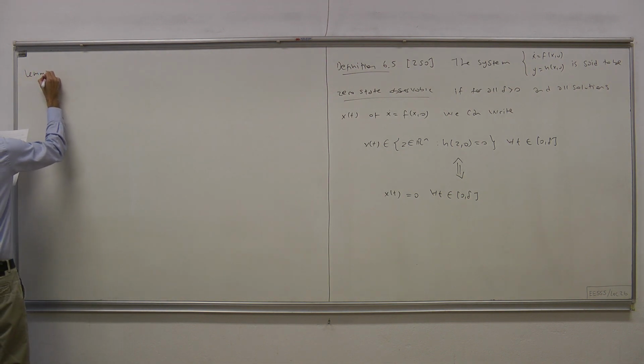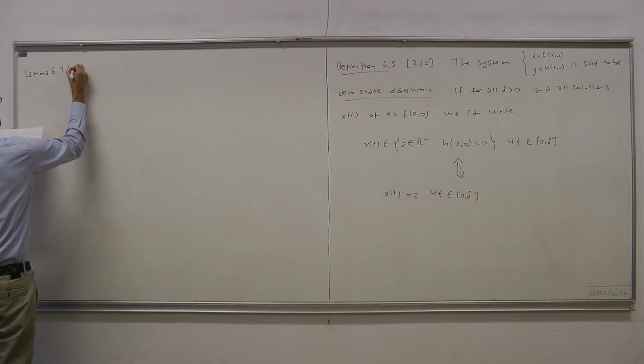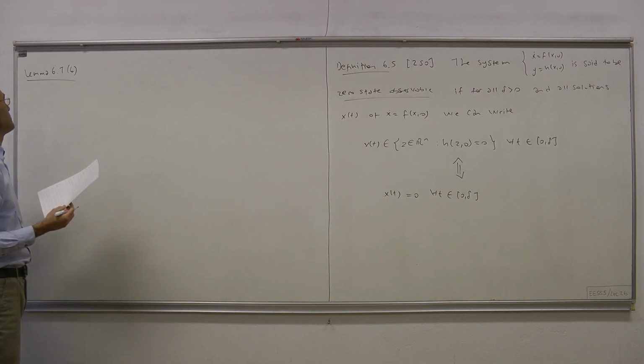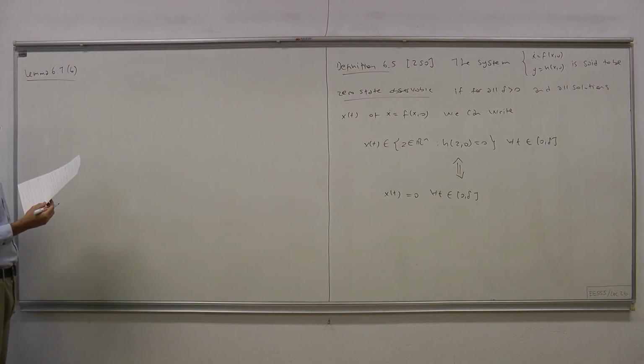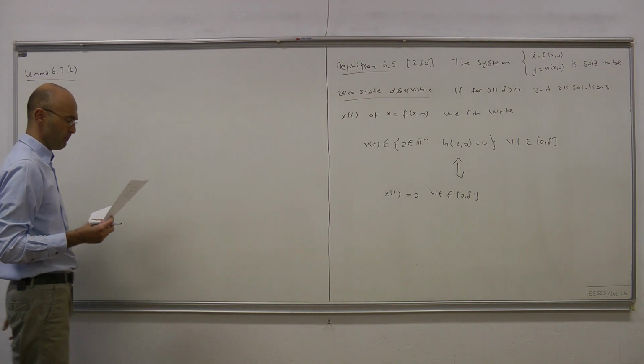Now we can write down a statement of the second part of our lemma 6.7, lemma 6.7b. Remember that lemma 6.7a was the part where we dealt with strict passivity.